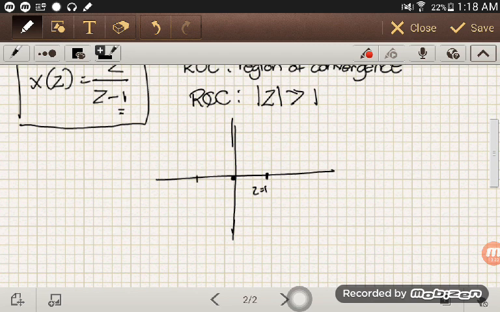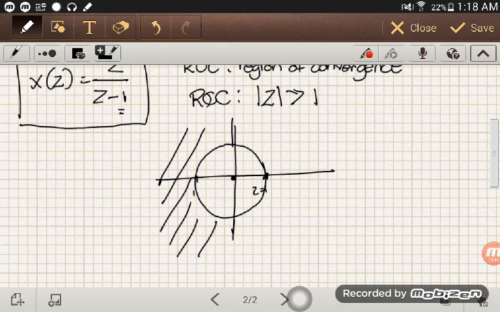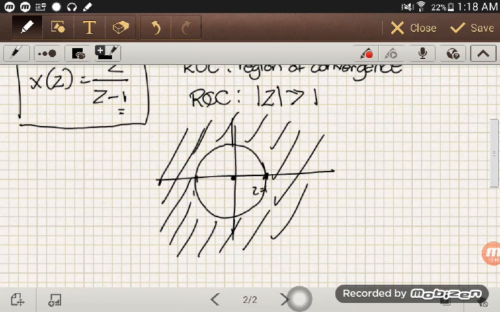So I'll just draw a circle. My region of convergence is greater than the absolute value of 1. So where is the greater than? If this is 1, this portion outside the circle is what we call the region of convergence.